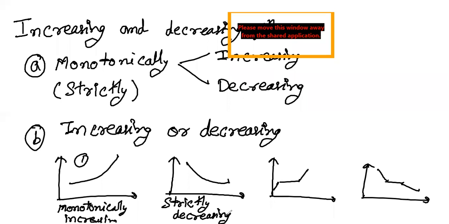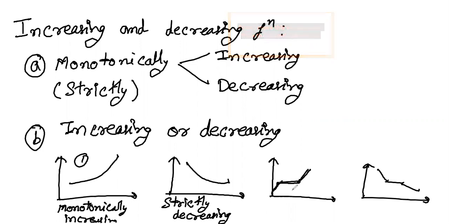Now, the third function is first increasing, then constant, then again increasing. So it is an increasing function, but not strictly increasing because it has some stable point in between.